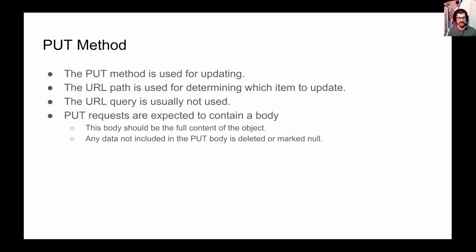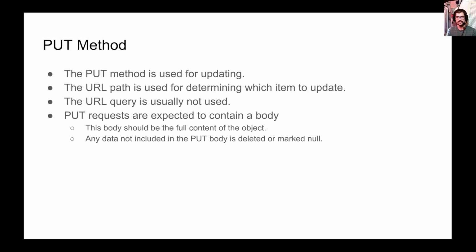Now, this is important. Any field not included in the put body should be deleted. So if you have a table that has 4 fields in it and you get a put request with only 2, the other 2 fields should be marked null or deleted, or there should be an error if they can't be null.